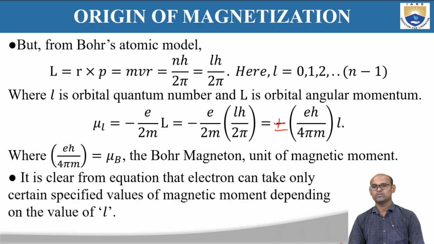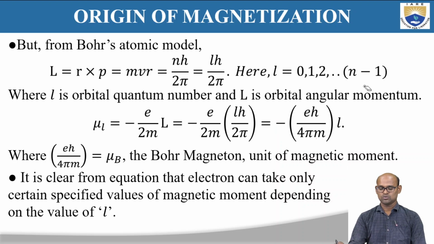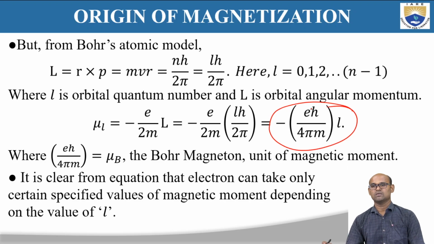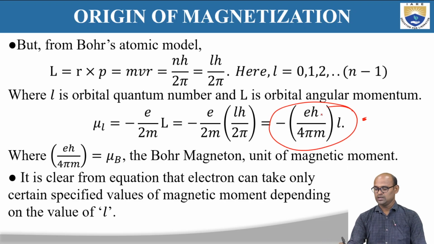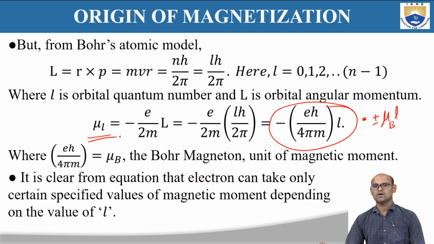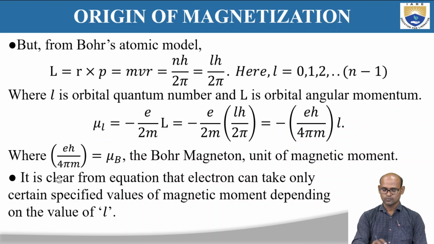It is clear from the equation that electron can take only certain specified values of magnetic moment depending on the value of the orbital quantum number. So this is the magnetic moment generated by the electron in orbital motion, which is e h by 4 pi m, so that is mu B into l, where mu B is Bohr magneton. So mu L, magnetic moment because of the orbital motion of electron, is plus or minus mu B into l.